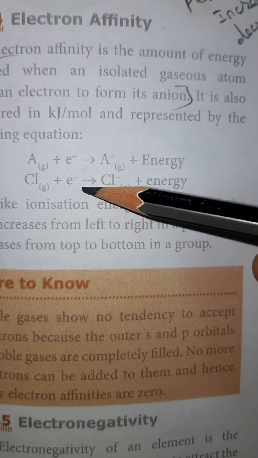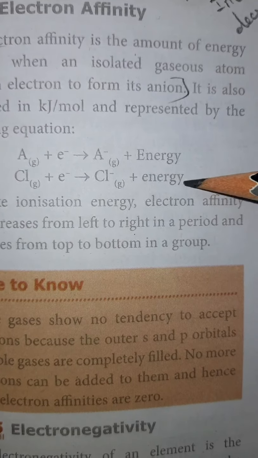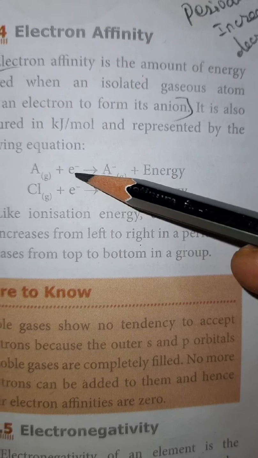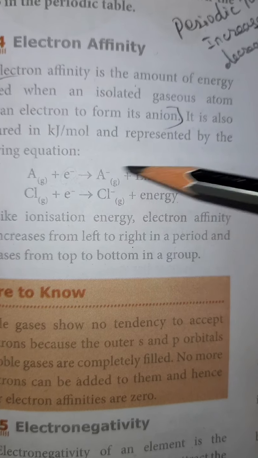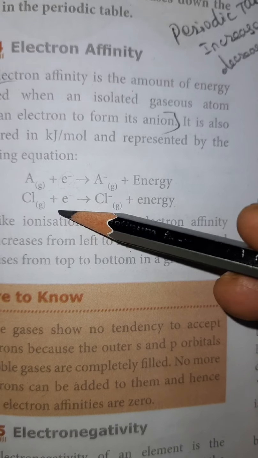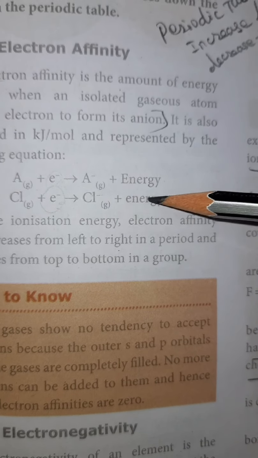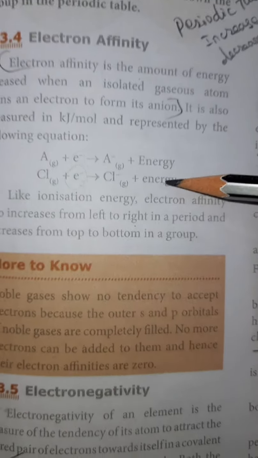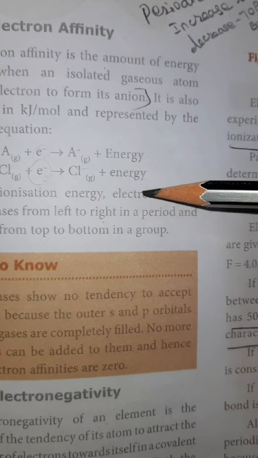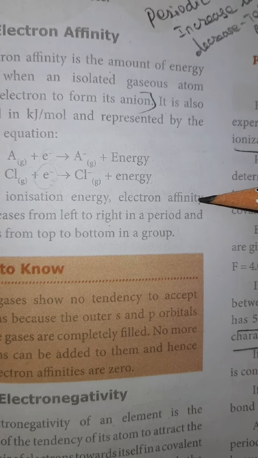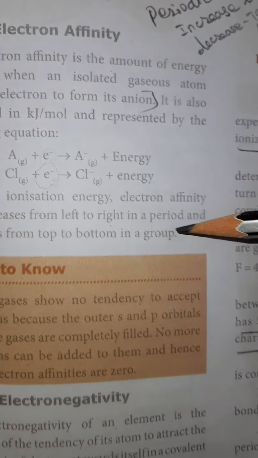Chlorine plus an electron gives chlorine minus plus energy. Like ionization energy, electron affinity also increases from left to right in a period and decreases from top to bottom in a group.